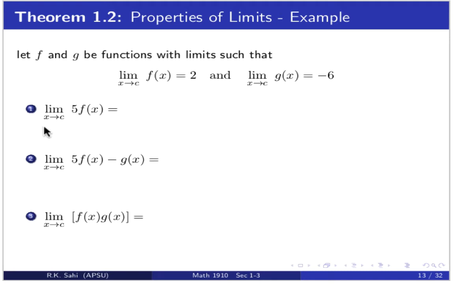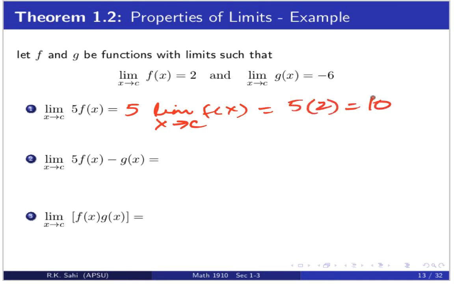So the first question is, what is the limit as x approaches c of 5 times f(x)? Now remember, this is a constant multiplied to a function. We just have learned this property, so this is written as 5 times the limit as x approaches c of f(x), which is 5 times 2, which is 10.